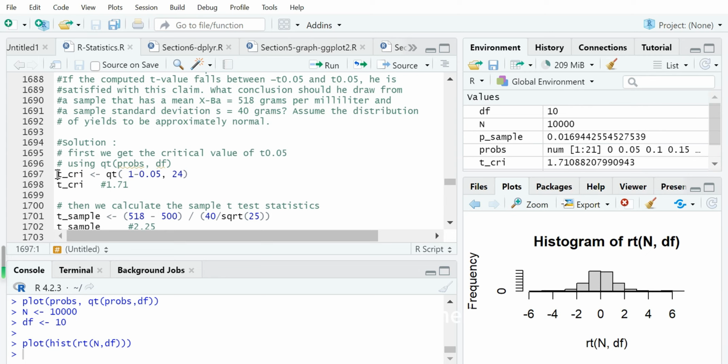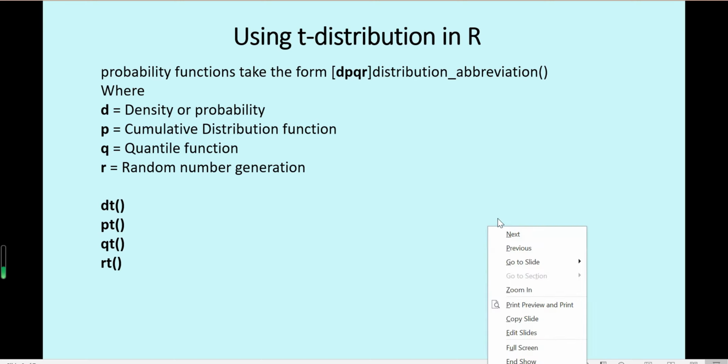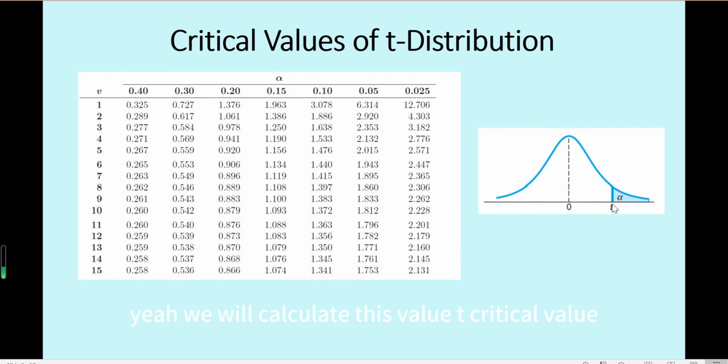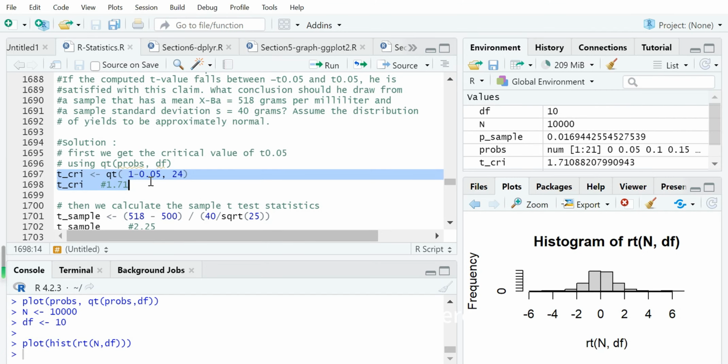So first we calculate the t-critical value. Here, alpha is 0.05 for both ends, because we have minus t0.05 and t0.05. So this is a two-tailed test. If we look at the big alpha, it's about 0.1 because we have to add these two. So this is half alpha, 0.05.